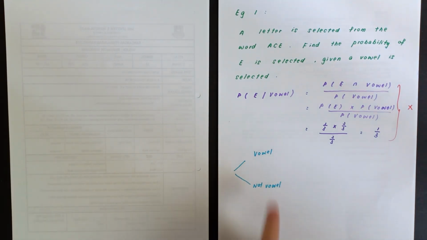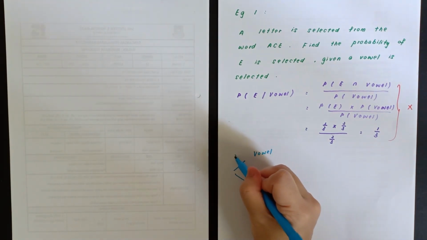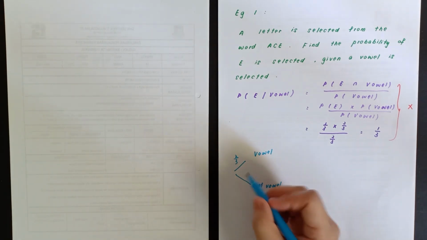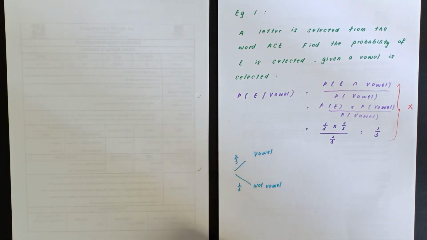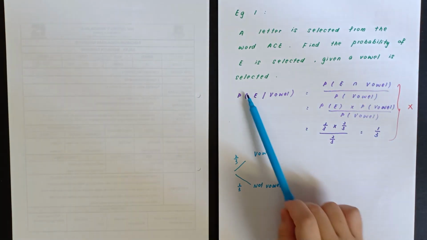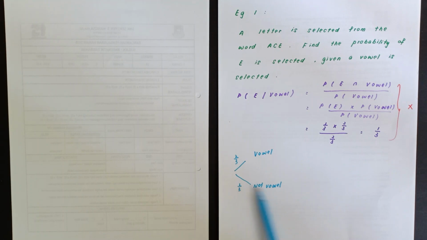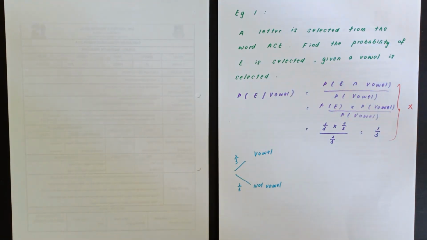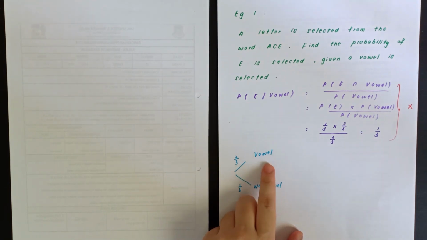The probability for me to get a vowel is how much? 2 over 3, correct? Which is A and E over ACE. The probability for me to not get a vowel is 1 over 3. Now given that a vowel is selected, meaning we don't care about this part. What if we find the probability of E selected? Now you have a vowel already.